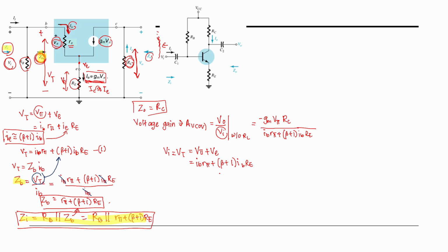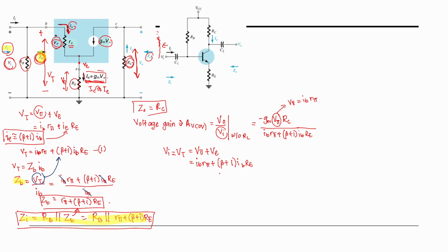And then from here, what we can simplify is V pi, because we know what is the value of V pi. V pi is equal to IB R pi, right?